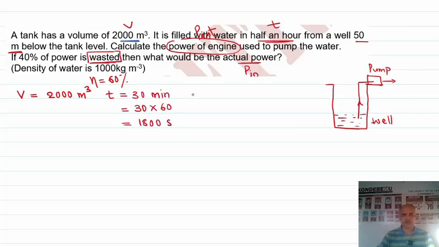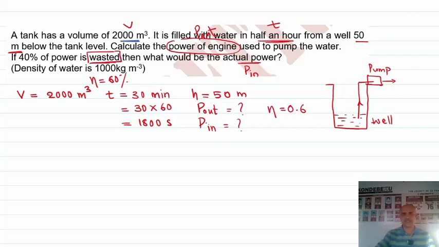From a depth, so H I will write instead of D, 50 meters. You are required to find power used to pump the water, means power output, and even actual power, means input power. Efficiency he has given 40% is wasted, means efficiency is 60%.